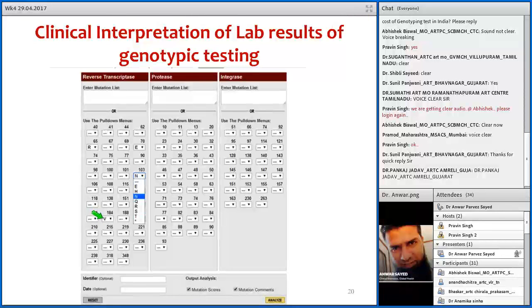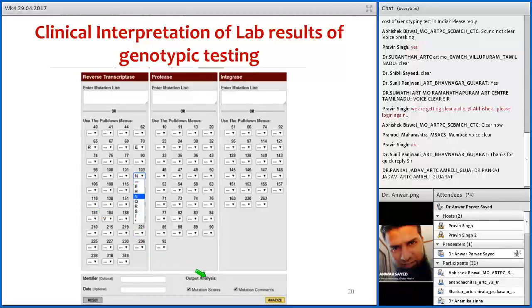Actually, in this position there should be methionine, but in your resistance testing or genotyping report, you have received that the new mutation is M184V. So you have selected V here. Now you have selected one mutation at the 184th position, another mutation at the 103 position.